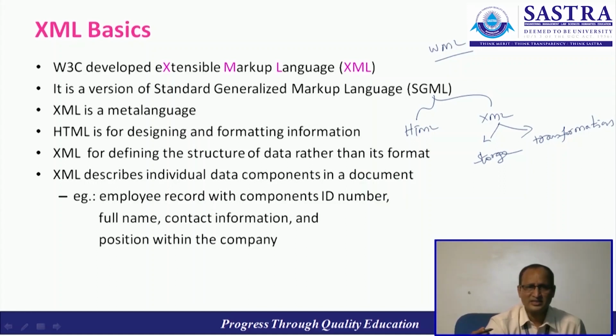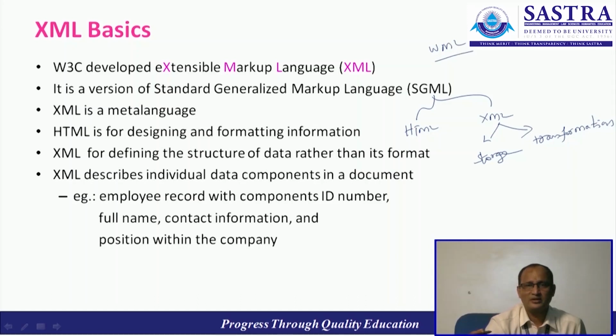But XML is for transforming the content. Like HTML, XML content is also text-based content. XML is for defining the structure of each and every data available in the XML document. The main importance is given for transformation.